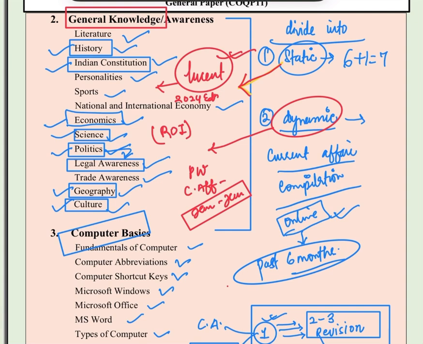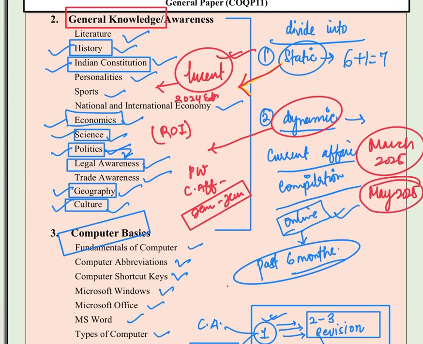On some websites, they are telling that in the second week of March 2025 the exam will be conducted, and on some websites I saw that they are telling even for May, that post 15th May the examination can be conducted. So being a student, we should always keep in mind the earliest date, and then we'll be able to prepare properly.